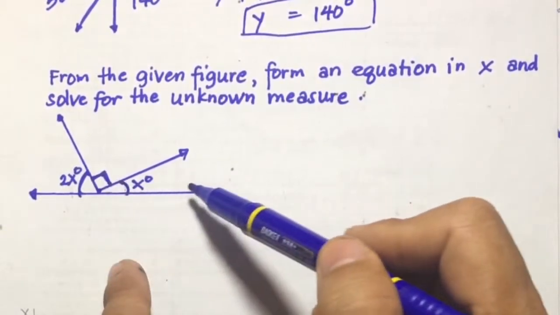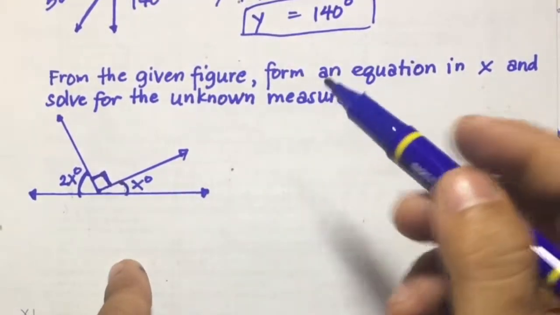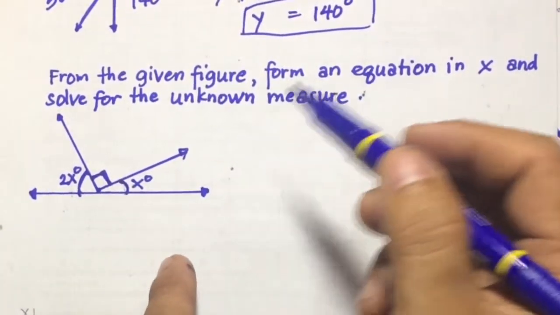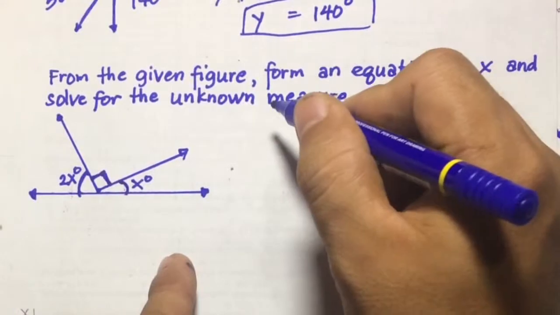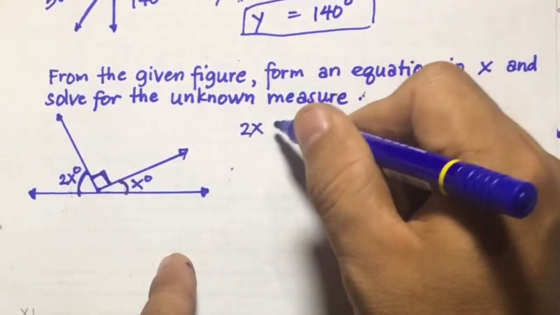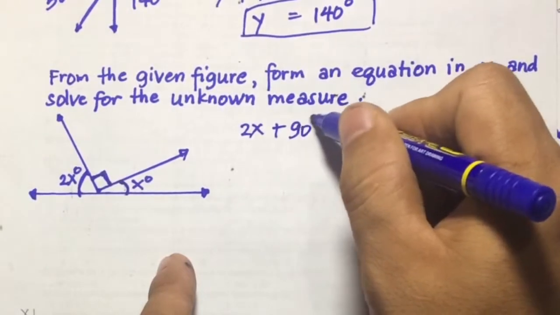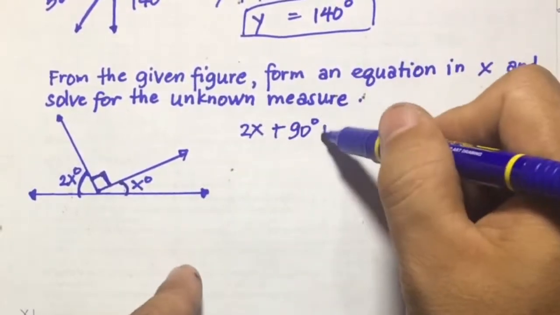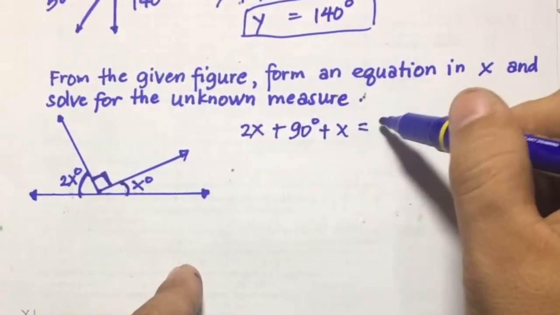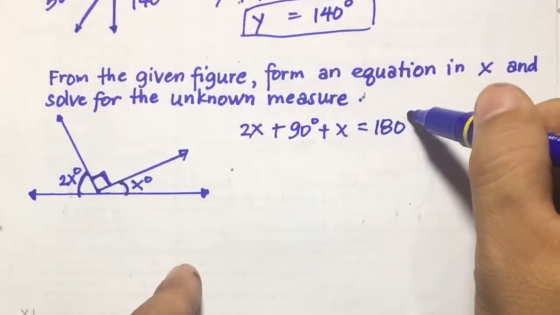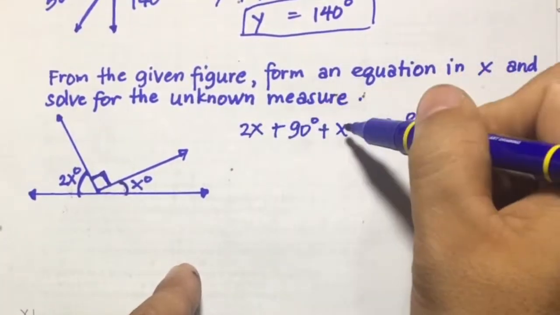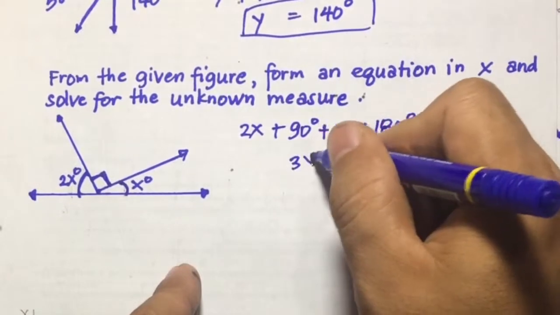Since these three angles here form a linear pair, we can have their sum equivalent to 180 degrees. So we can have 2x plus 90 degrees plus x will be equal to 180 degrees. Then 2x plus x is 3x.